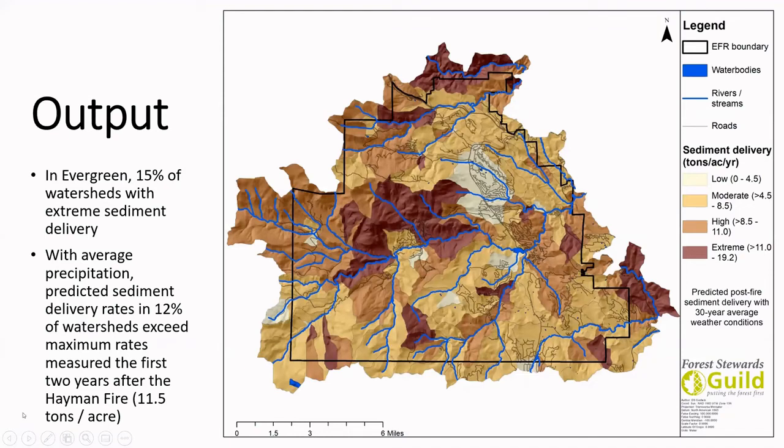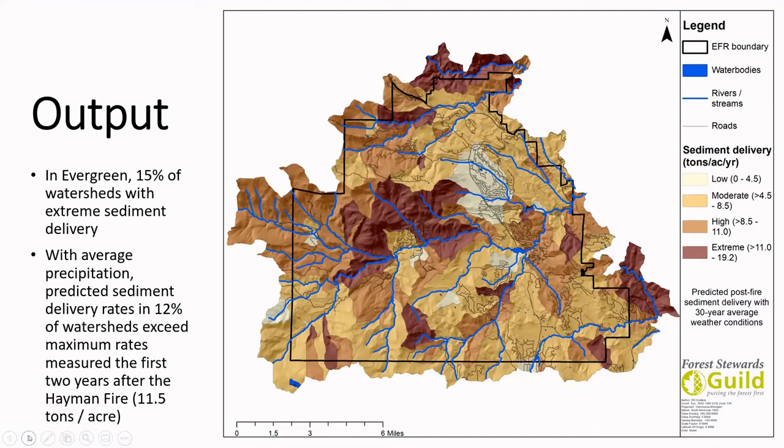Some of the output that we got from this analysis is demonstrated here. This is sediment delivery estimates in tons per acre per year. The model produces estimates based on 30 years of semi-random climate, based on the averages over the year from the RAWS data that you give it. So these are the estimates from the 30-year average conditions.